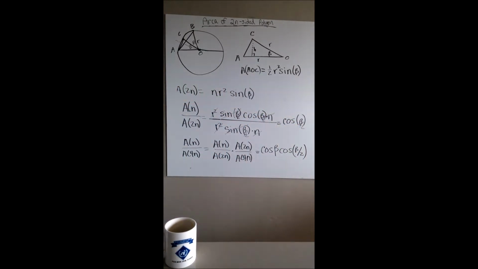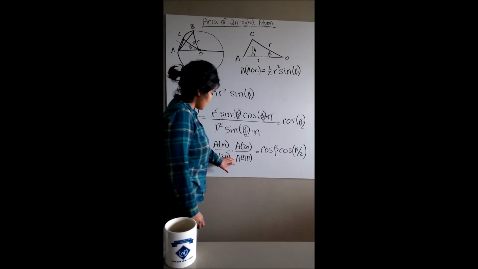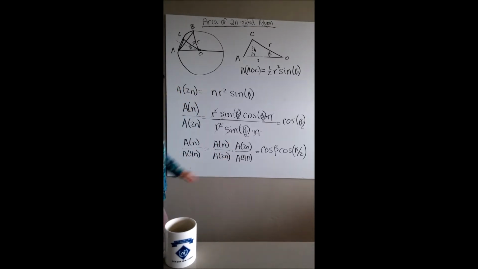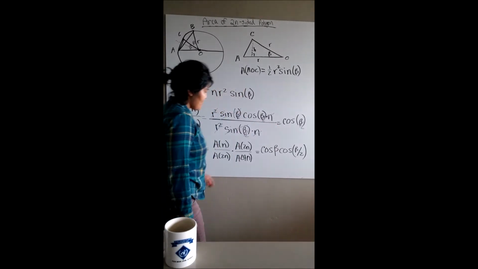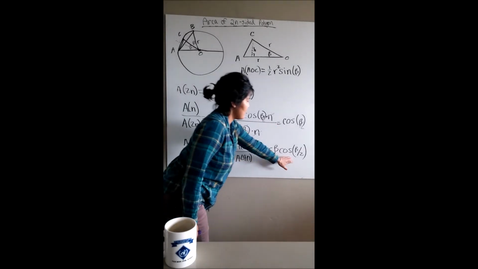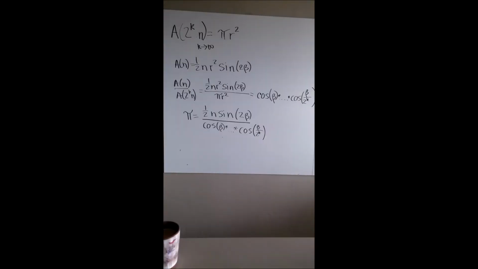And so we know that the ratio of a 2n-sided polygon over a 4n-sided polygon is equal to cosine beta over 2. So thus this product is equal to cosine beta times cosine beta over 2. Now that we've looked at the ratio of the area of an n-sided polygon over the area of a 4n-sided polygon, let's look at the ratio of the area of an n-sided polygon over the area of a 2 to the k times n-sided polygon.